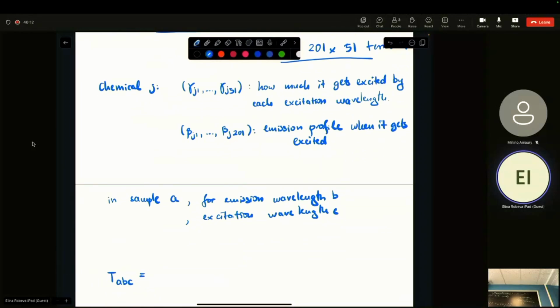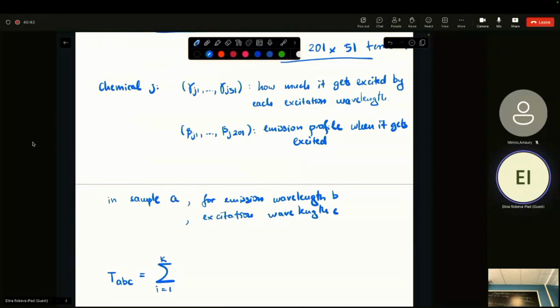will say how much in this sample, given emission wavelength B, how long it's emitting from wavelength C, sorry, for excitation wavelength C, how much it's emitting from wavelength B, for how long. And this can be split into the sum over all the different chemicals.